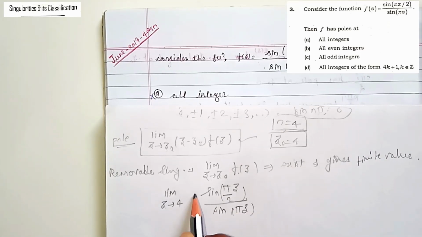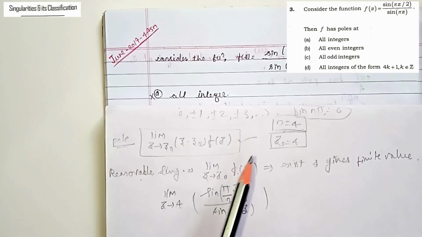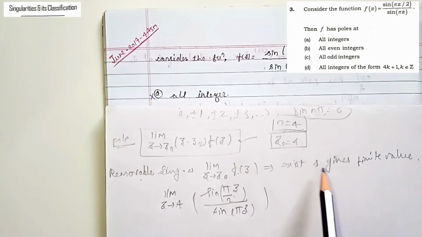This is the f of z we have in our question, and we have to put z tends to z naught, that is 4, and show whether it is a removable singularity, a pole or any other singularity. If it shows that it is not a removable singularity, then it goes to other possible cases; it might be a pole or a non-essential singularity.